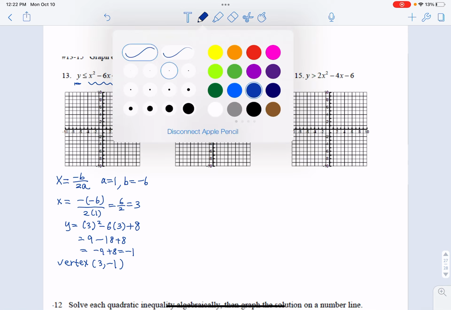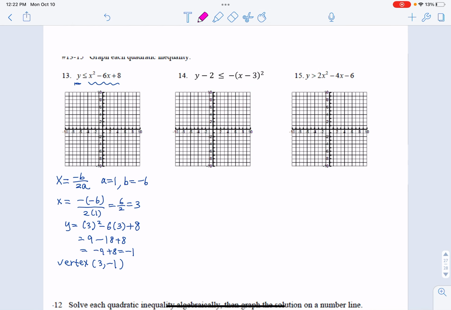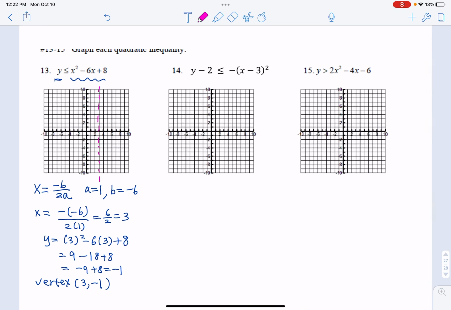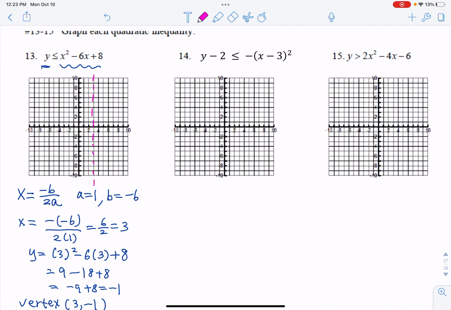I will graph the axis of symmetry first, which is at x equal to 3. I'm going to make it a little bigger.